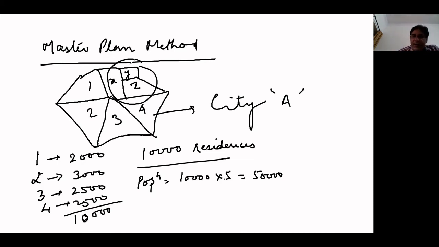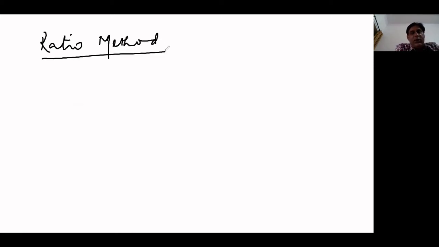Right? Now we come to another method, the ratio method. Now what is the ratio method? In this method of forecasting future population of a city or a town, the city's census population record is expressed as a percentage of the population of the whole country.